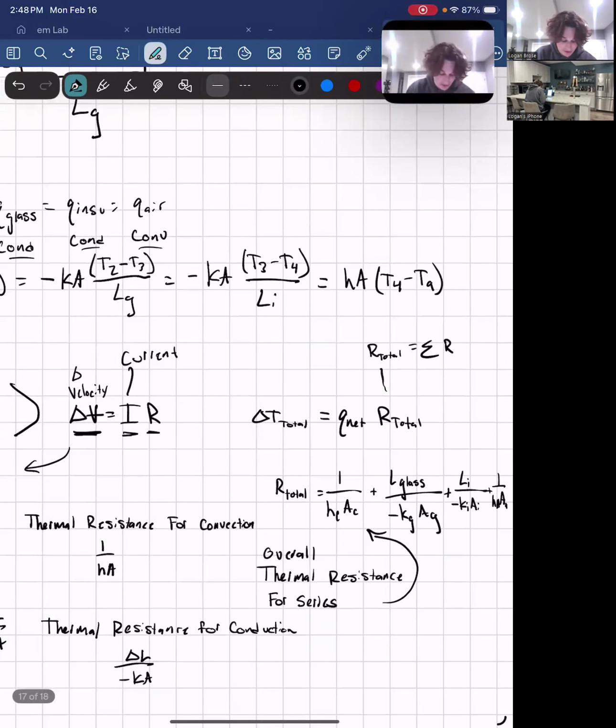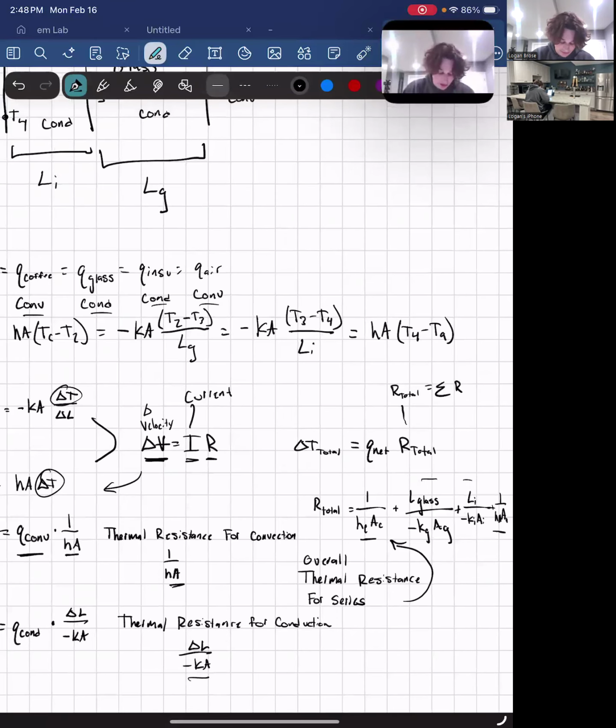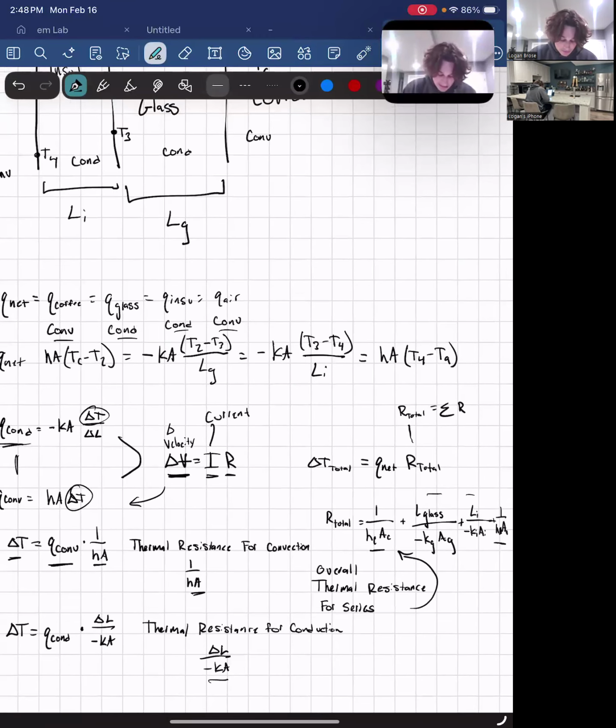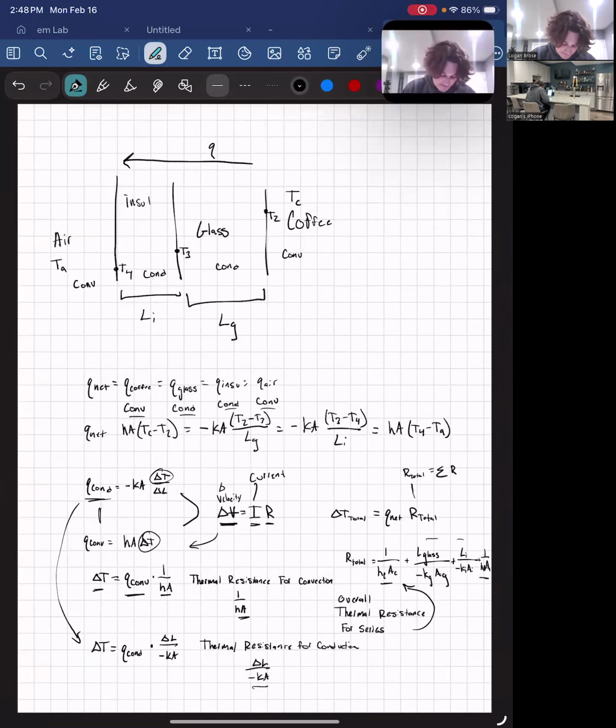We know convection is 1 over hA, so we take 1 over hA for the coffee. We know conduction's L over minus kA. We do that for the glass and the insulation. And then once again, convection for the air. So it's 1 over the h air times our area of our air, or our cross-sectional area, right? So this is our total thermal resistance for surfaces in series.